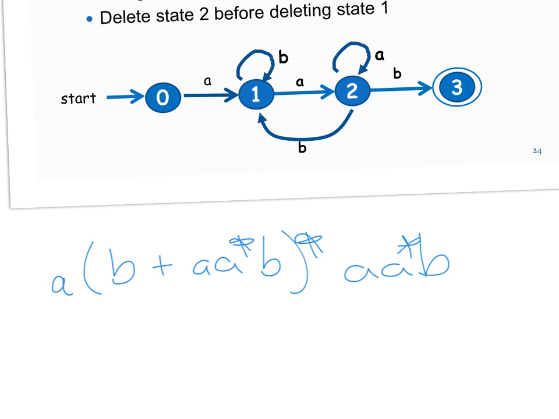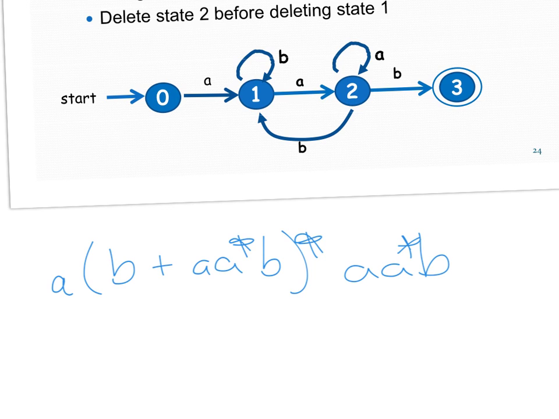So let's see. The B by itself makes sense. This is basically instructions on how to start at state 1 and end back at state 1. So you can start at state 1 and end back at state 1 by taking as many B's as you want. And you can also go from 1 to 1 by taking an A, as many A's as you want, and then a B, and you're back at 1 again.